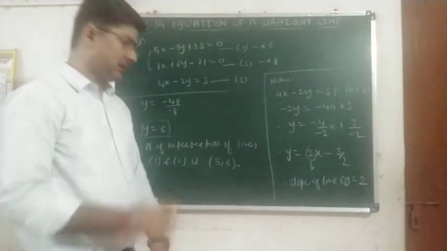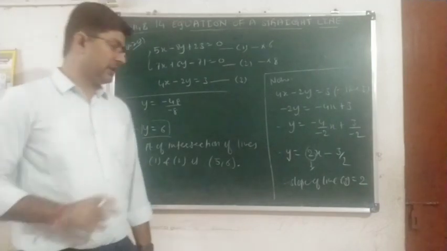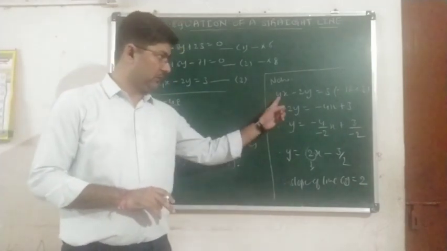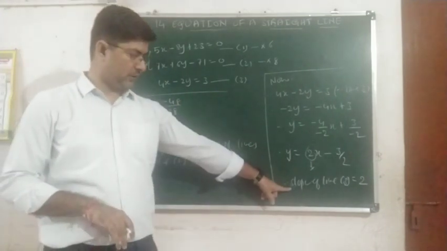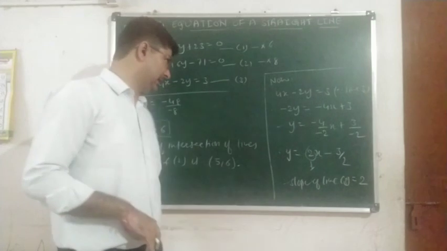Clear? Now again come to the question. Our required line is perpendicular to line 3. So the slope of the required line will be the negative reciprocal of the slope of line 3.